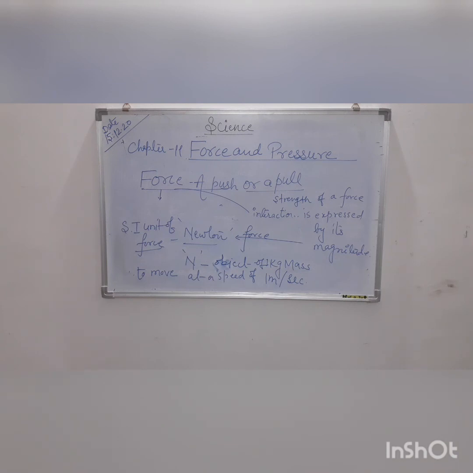A familiar example of equal forces acting in opposite directions is provided by the game called tug of war, children. In this game, two teams of persons pull at a rope in opposite directions. When the two teams pull the rope equally hard by applying equal amounts of force, the rope does not move in any direction.